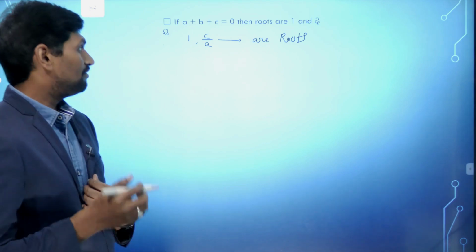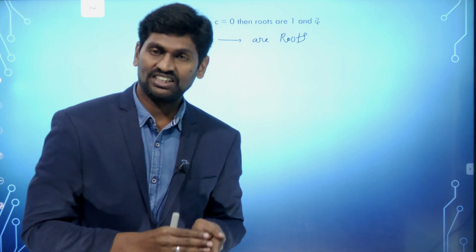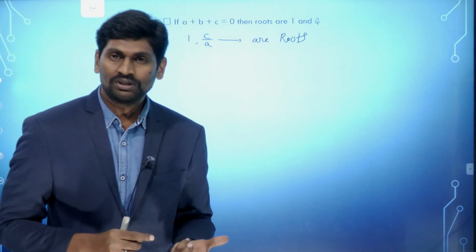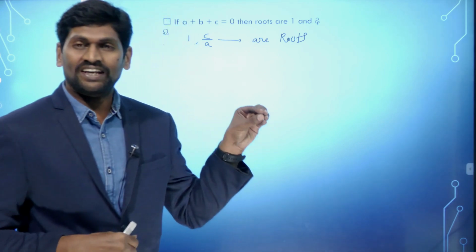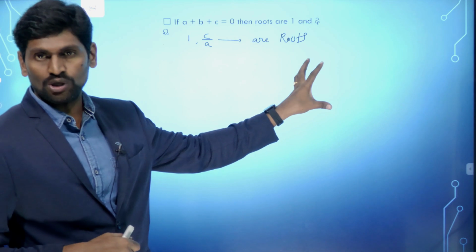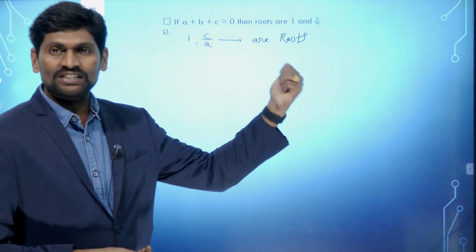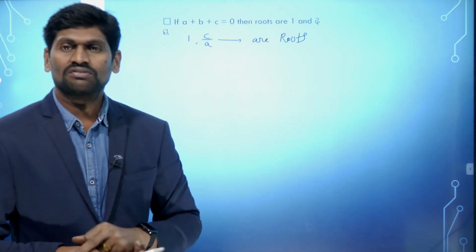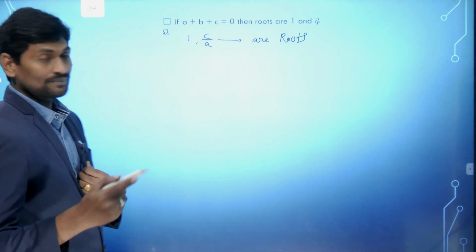That means without doing the regular process like factorization, splitting the middle term, completing the square, or using the quadratic formula, we can identify the factors of a quadratic equation. When a plus b plus c equals 0, then 1 and c by a are the two roots of the quadratic equation, right? Next, what is the second condition?